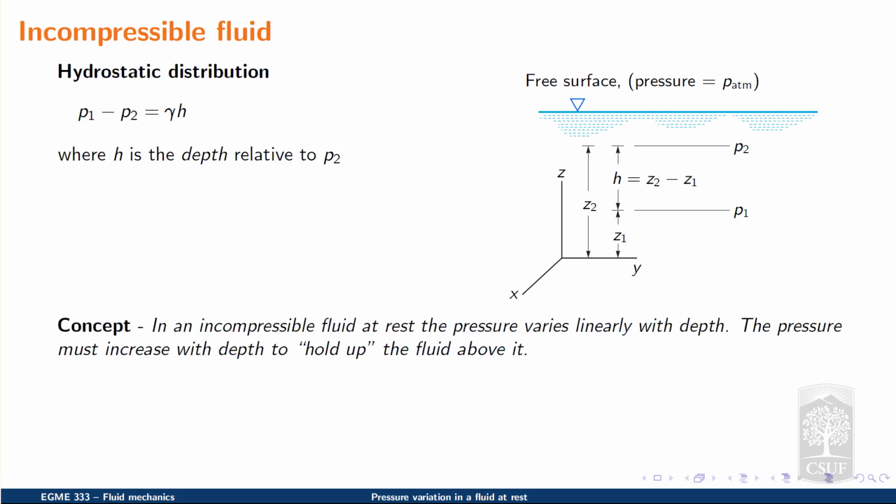Conceptually, we can interpret it as that in an incompressible fluid at rest, the pressure varies linearly with depth. Essentially, the pressure must increase with an increasing depth in order to hold up the fluid above it.